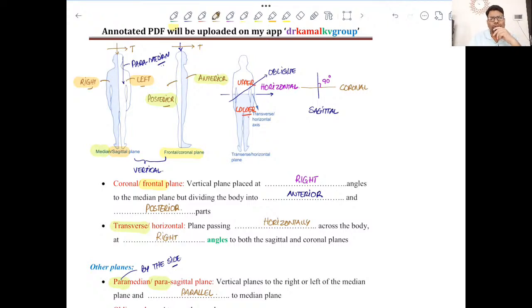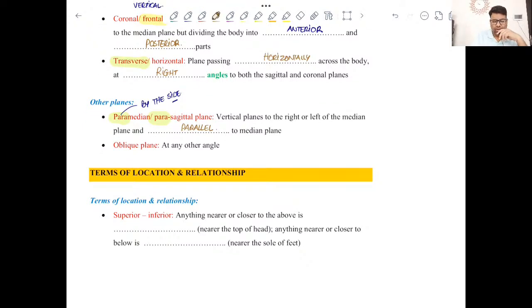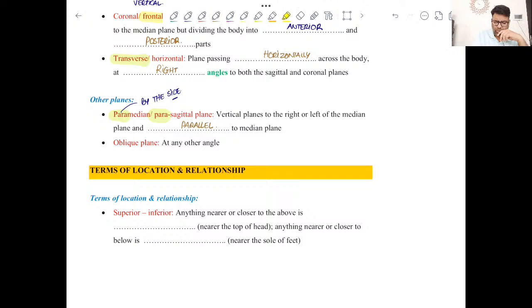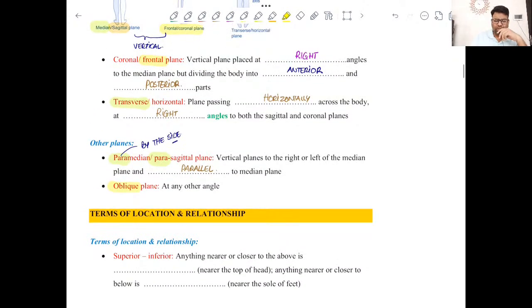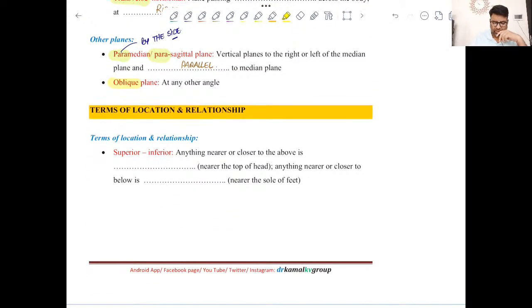Although the body will be divided into right and left, those halves will not be equal, because we are not dropping this plane exactly through the midline of the body. Okay, so this is paramedian or parasagittal. And then this oblique, I already told you, if we draw at any angle to the body, right? So these are different planes for studying anatomy.